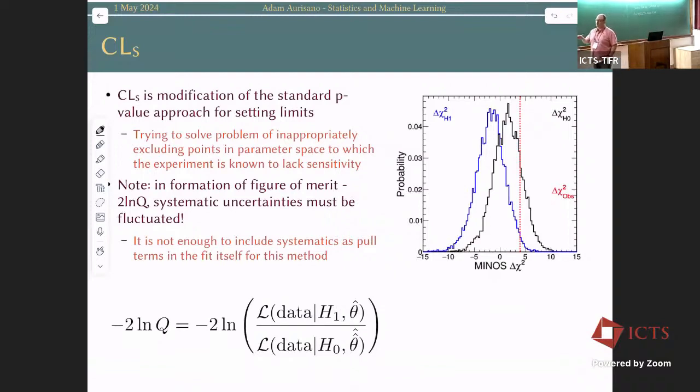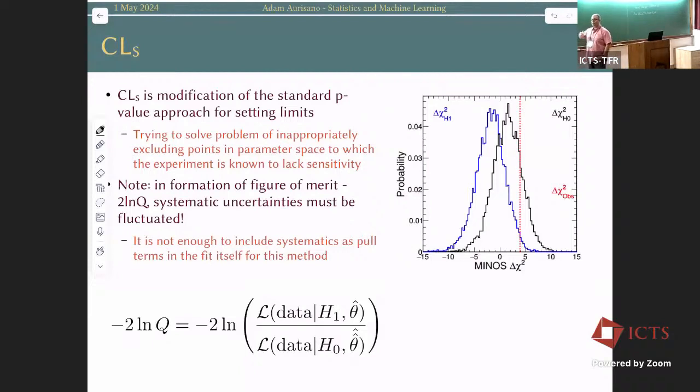When we do our normal discovery significance, we use a standard p-value approach, and you basically say, what is the probability of finding a more extreme result than you actually got, assuming the null hypothesis? And sometimes you'll find that the p-value you get is extremely small, which means that you get a high significance result. But what if you just have a bad fit and none of your hypotheses are good, right?